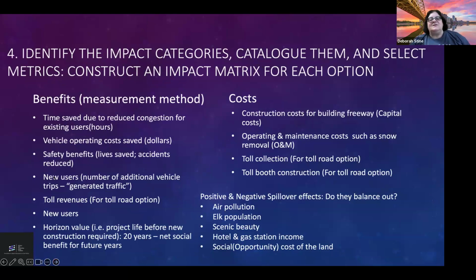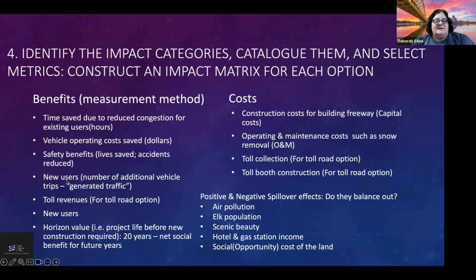So the next thing is to look at the impact categories and figure out what they're measuring. In this case, we're looking at the time saved due to reduced congestion for the existing users, which you measure in hours. The vehicle operating costs saved in dollars, the safety benefits, which would be the lives saved and the accidents reduced.